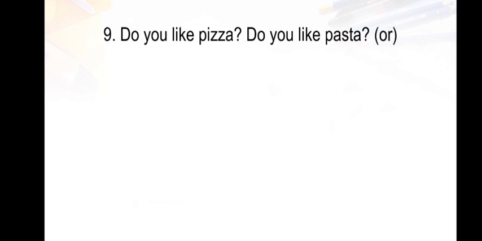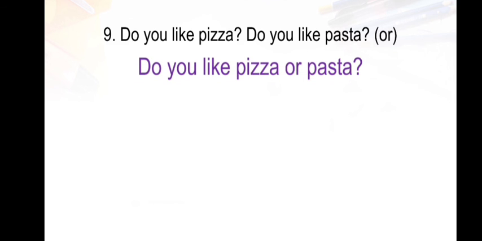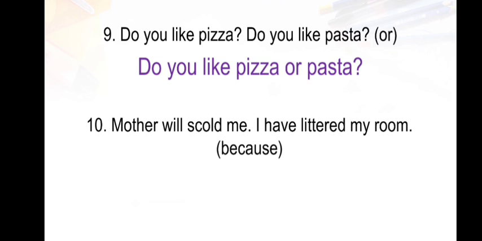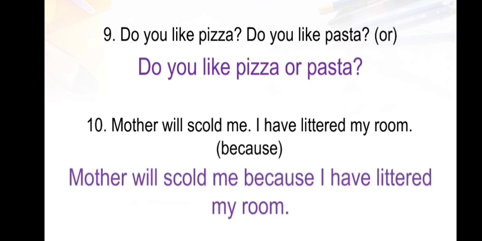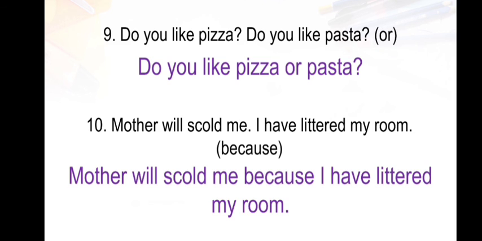And the given conjunction is or. Here two options are given, pizza or pasta. So the answer is do you like pizza or pasta? The last sentences are Mother will scold me, I have littered my room, and the given conjunction is because. The answer is Mother will scold me because I have littered my room.